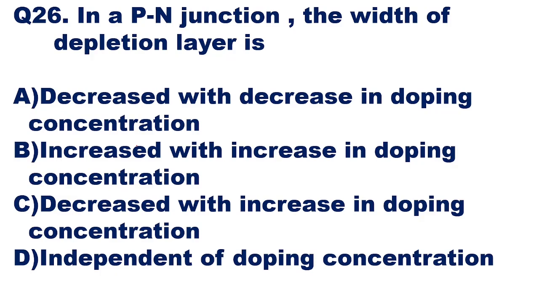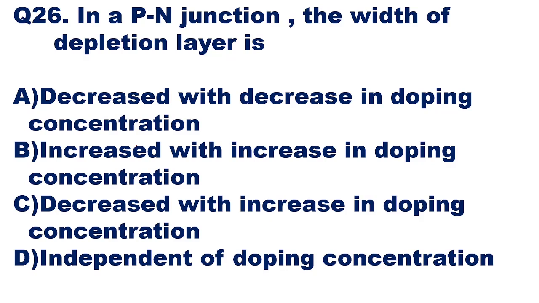Question number 26. In a PN junction, the width of the depletion layer is, options are: Option A, decreased with decrease in doping concentration. Option B, increased with increase in doping concentration. Option C, decreased with increase in doping concentration. And option D, independent of doping concentration.